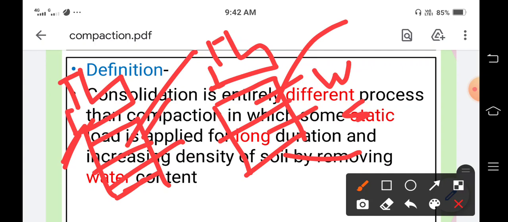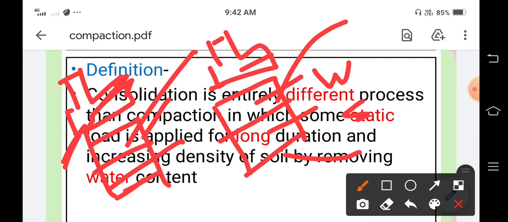The same process is adopted for consolidation, but here we are expelling water only, while in compaction we expel the air and densify the soil. Note that in compaction we apply a dynamic load, and in consolidation we apply a steady load.